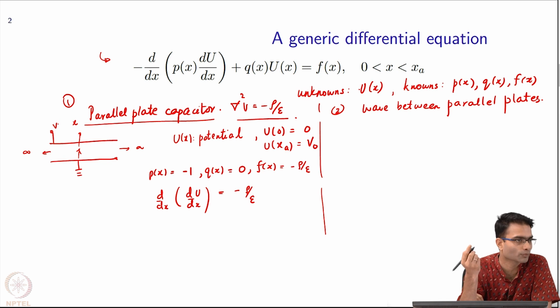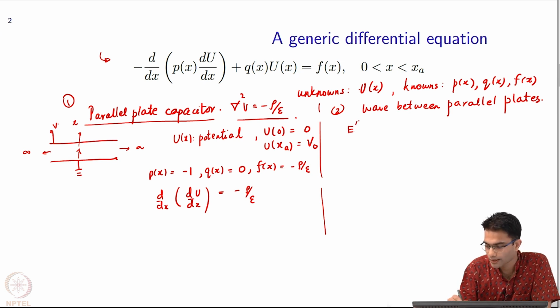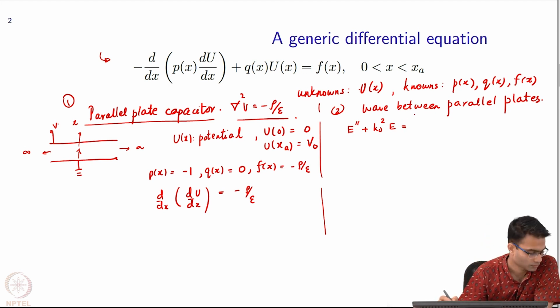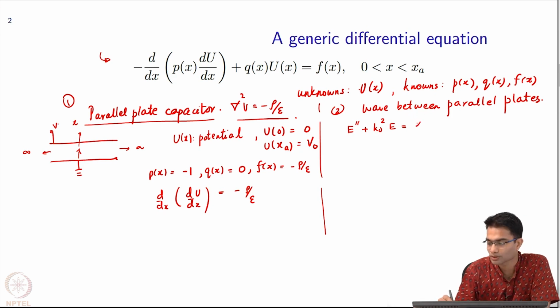A wave equation is the Helmholtz equation, and we know that the Helmholtz equation is something like E double prime plus k naught squared E is equal to what? Some constant times the current. We have seen this equation many times. So, how do I get this equation in this form?